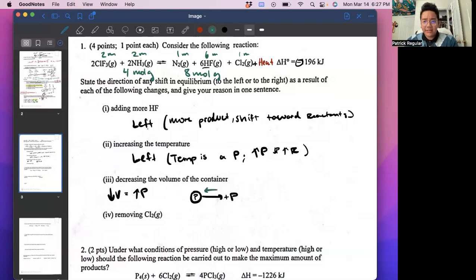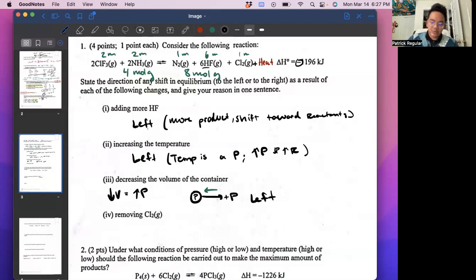A way to bring it back down is to decrease the amount of gaseous moles so that there's less particles zipping around, hitting the surface of whatever container you have it in. So you're trying to shift it to the left, because the left has your 4 moles, which is less than 8. And if it has less moles, then it should decrease that pressure and basically alleviate that change you had.